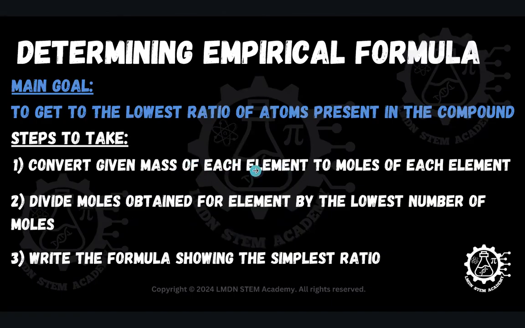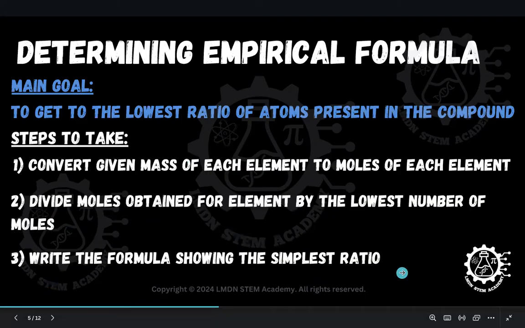And then once we get the number of moles of each element, we divide those moles by the lowest number of moles that we obtain, because remember, it's an empirical formula, so we want the lowest possible whole number ratio. And then finally, we'll put everything together, right? So first step, convert mass to moles.